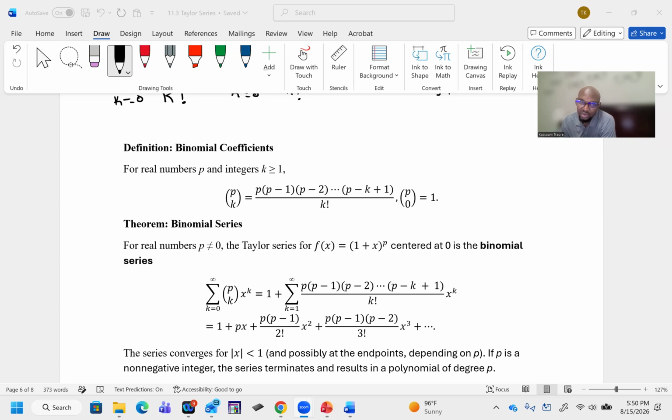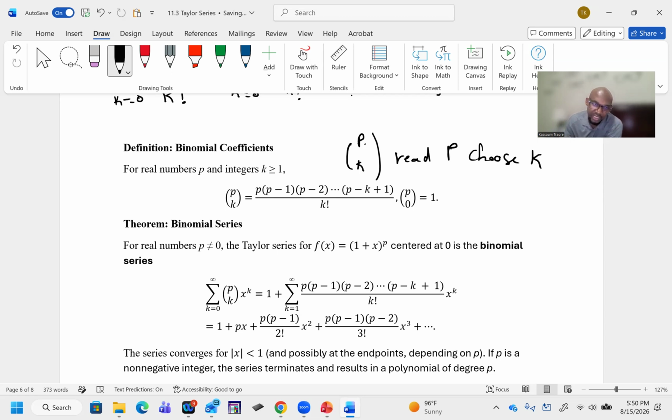And p choose 0 is always equal to 1. So again, let me write this one. P choose k, okay? That's how you read it, P choose k.